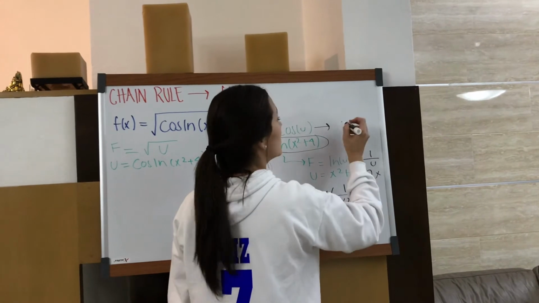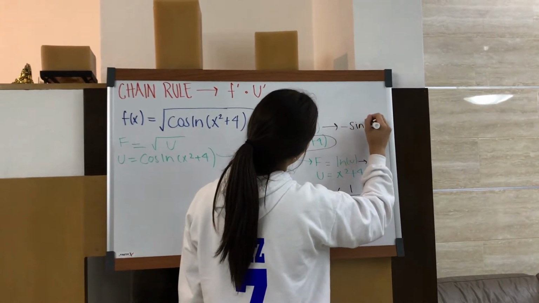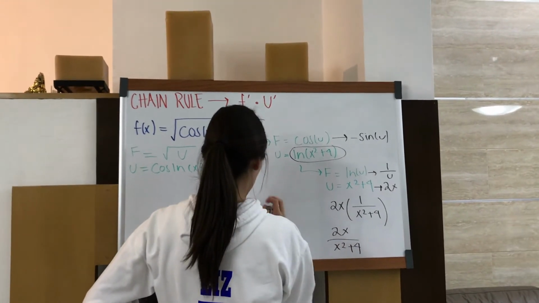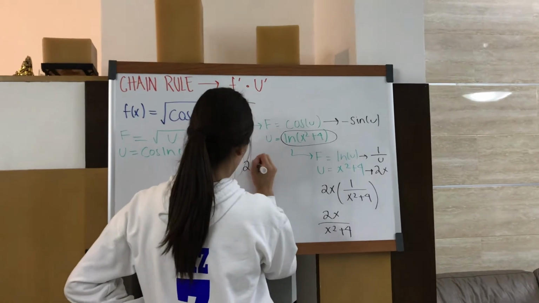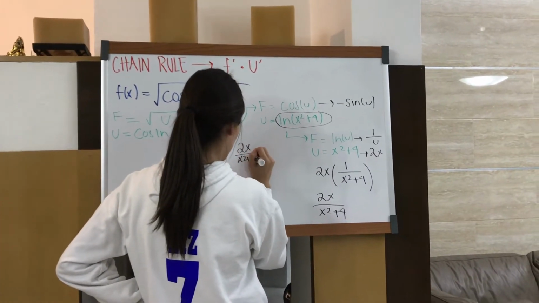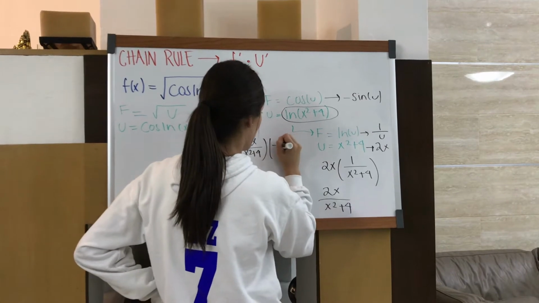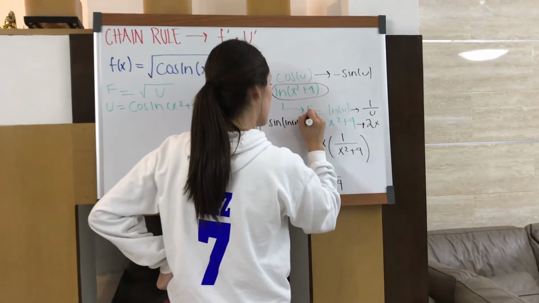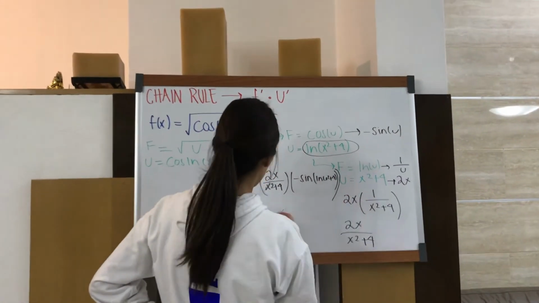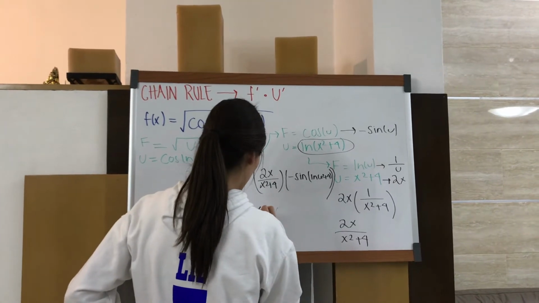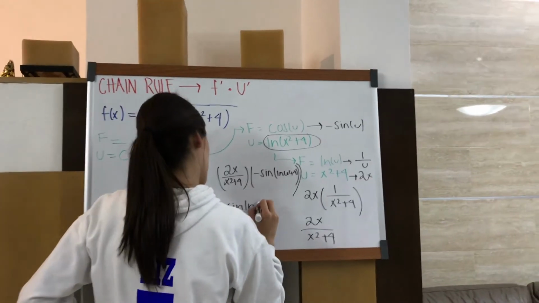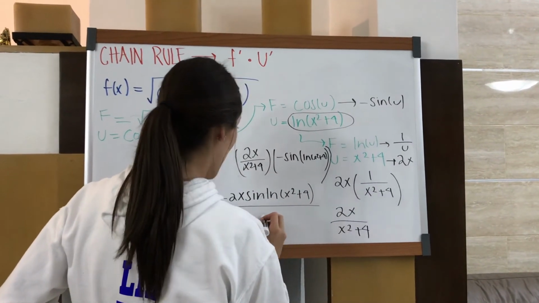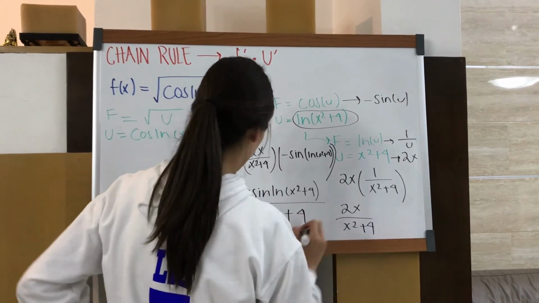So here we have minus sin u. So you will have 2x over x squared plus 4 times minus sin of the original u that is ln(x squared plus 4). And you will get minus 2x sin(ln(x squared plus 4)) over x squared plus 4.